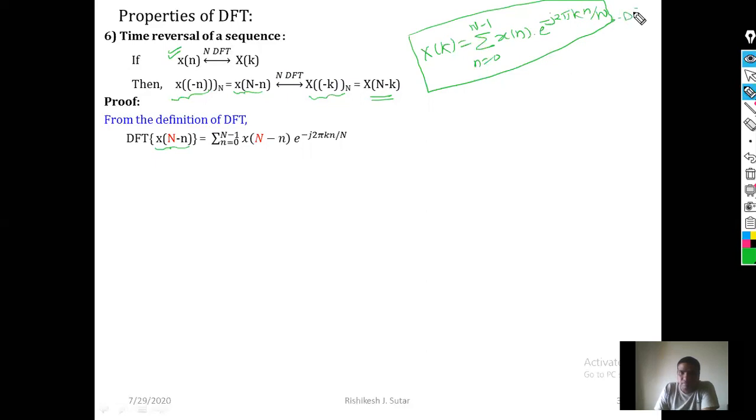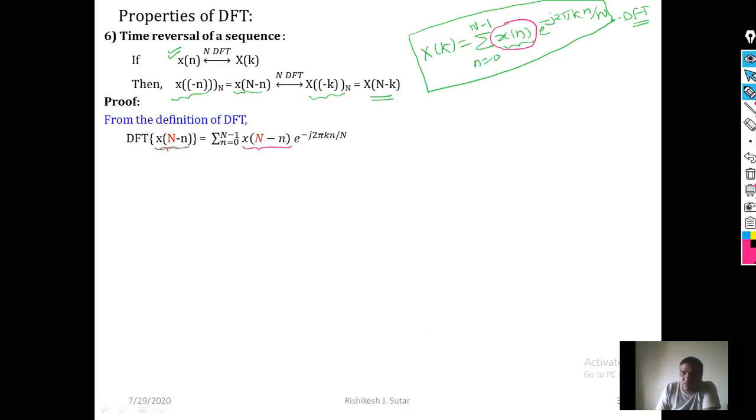This is the definition of DFT, and this is the DFT of x of n. Here, what I want is the DFT of x of capital N minus n. So everything will remain the same, just I will replace this x of n with x of capital N minus n.